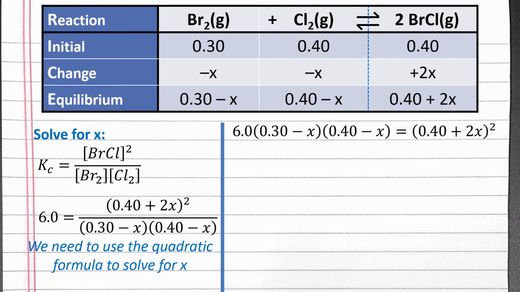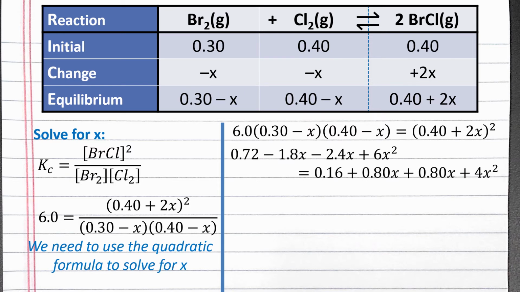On the left, 6.0 times 0.30 times 0.40 equals 0.72. Then 6.0 times 0.30 times negative x equals negative 1.8x. Then 6.0 times 0.40 times negative x equals negative 2.4x.